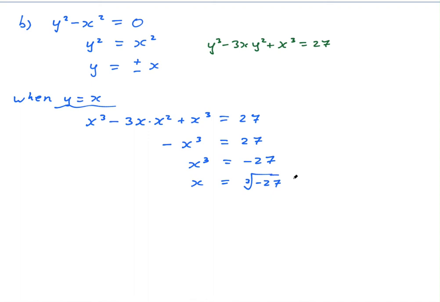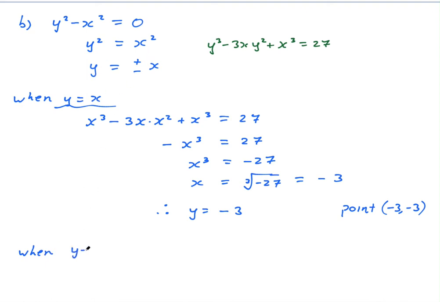What's the cube root of negative 27? Well, it's negative 3. So when x is equal to negative 3, y is therefore negative 3. So my point is negative 3, negative 3.